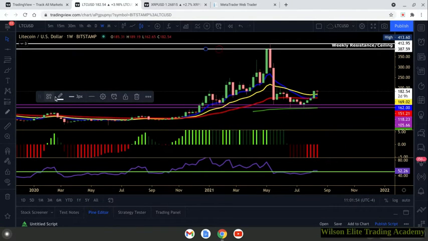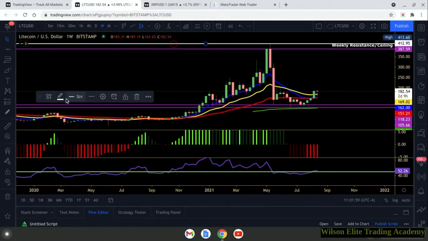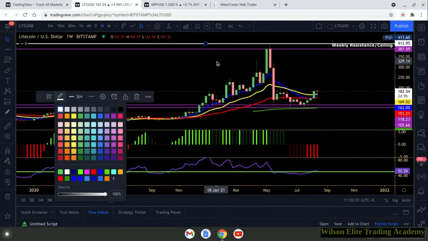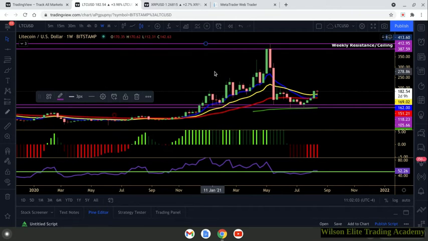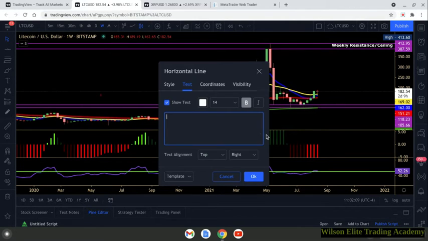Then we're gonna change the color up here as well. That's the weekly time frame. You can change it to whatever color you prefer. That's on you. Okay, so I'm gonna put that this is the weekly floor / support, right?